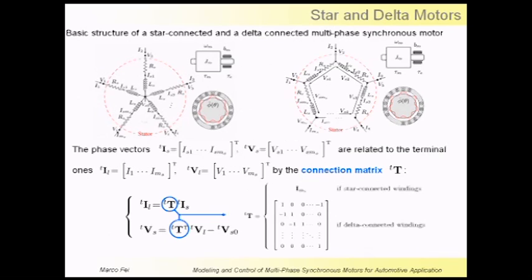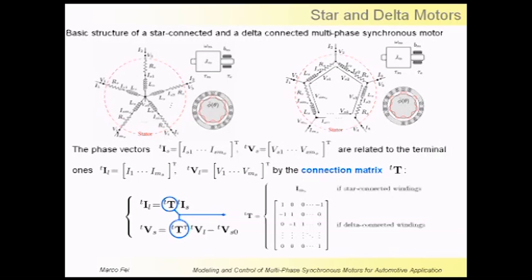In order to make the model as general as possible, both star and delta connected multi-phase synchronous motors are investigated, and the terminal current and voltage vectors of a multi-phase machine are related to the phase ones by the connection matrix.